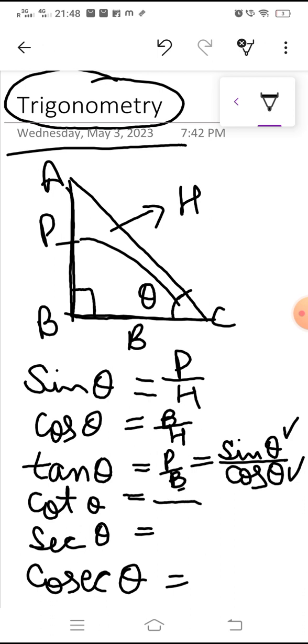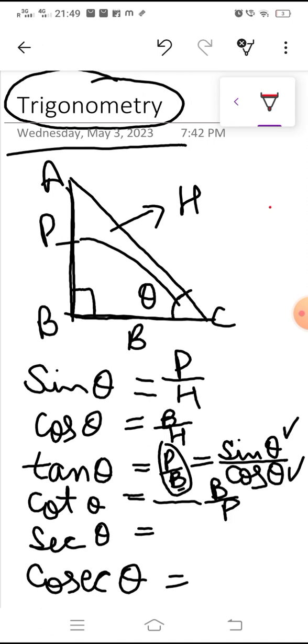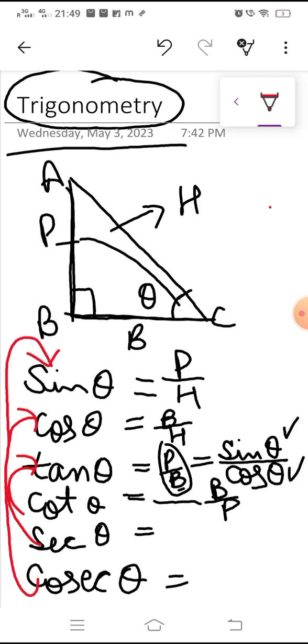Now what is cot theta? Cot theta is just opposite to tan theta, meaning tan theta is equal to p by b, so cot theta is equal to b by p. Cot is just opposite to tan, sec is just opposite to cos, and cosec is just opposite to sine. What is sec theta?